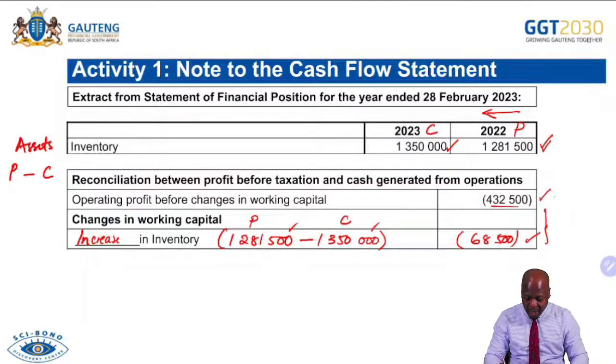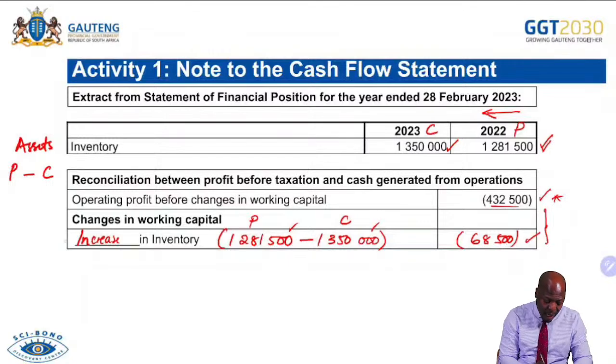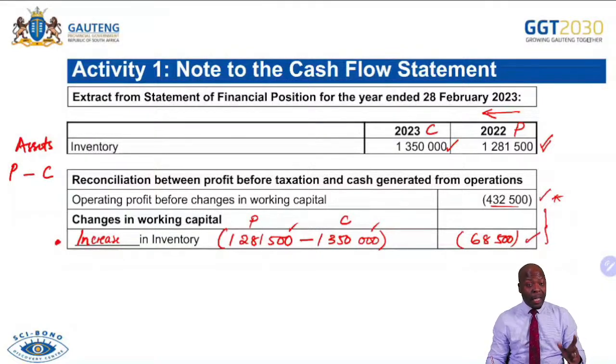Remember, we are trying to calculate to come to this one. All right. So number one, we have our inventory, which we have already found. An increase in inventory, a cash outflow. But if it was a decrease, it would have been a cash inflow. All right. Can I move on to the next aspect? Thank you. All right. Let's see the next aspect.